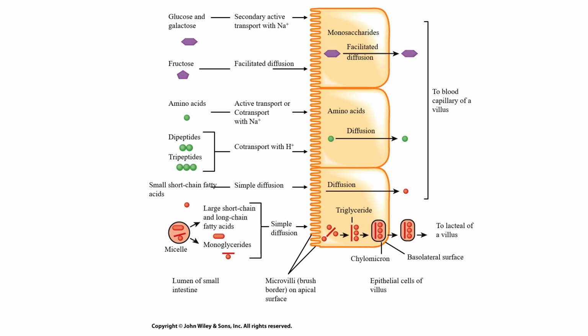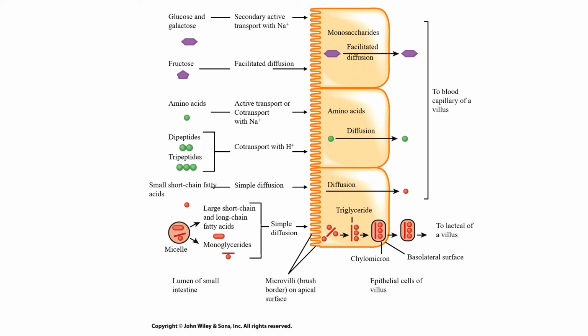Proteins are going to be broken up into individual amino acids and also dipeptides and tripeptides, and they're going to be transported in. This is an active form of transport. It requires energy. They're going to move across the cell, and just like the sugars, they're going to be taken up directly into capillaries.